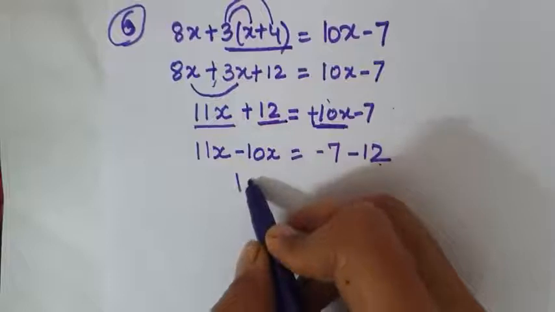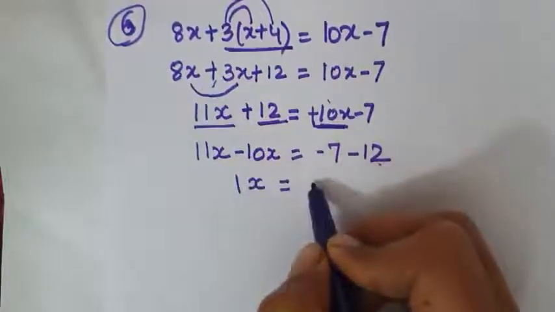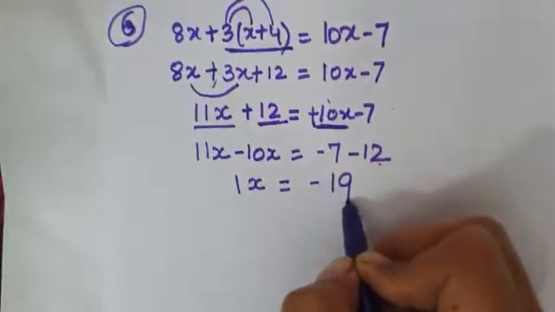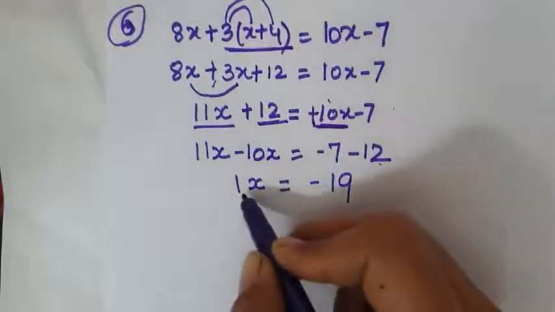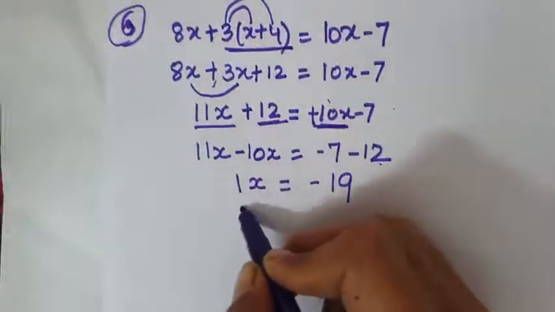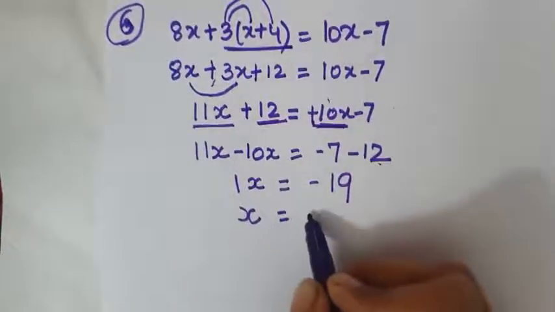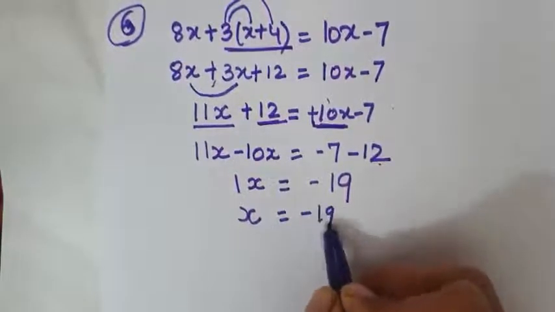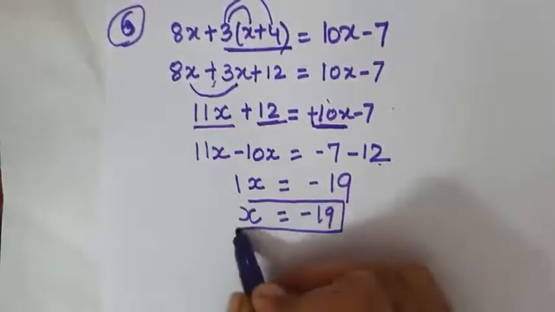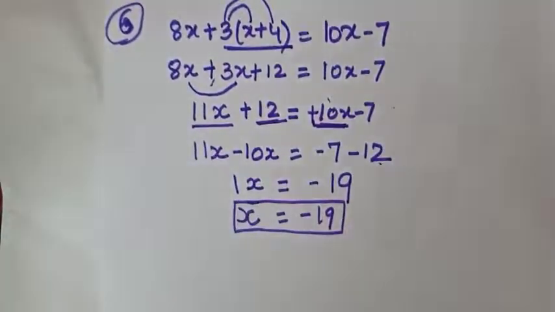So here we get 1x is equals to minus 19. 1x we can simply write only x. So what is our solution? Our solution is x is equals to minus 19.